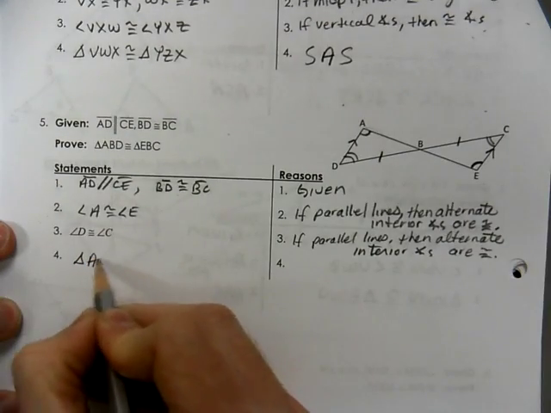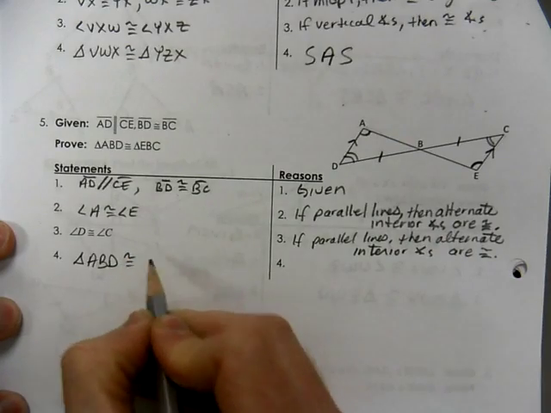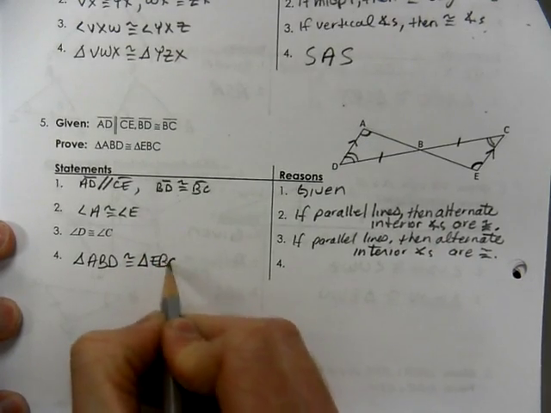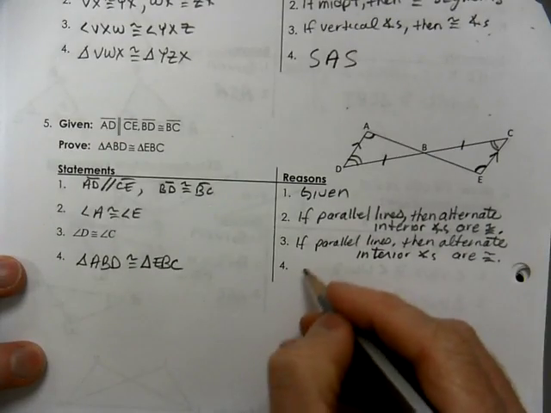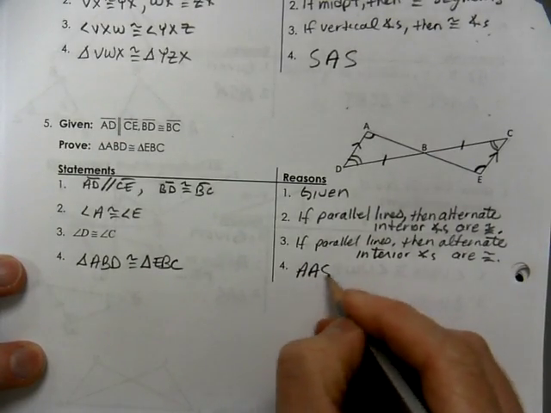Now we can finish with what we're trying to prove. And how are we going to do that? One of our 5 ways proves triangles congruent. Angle, angle, side.